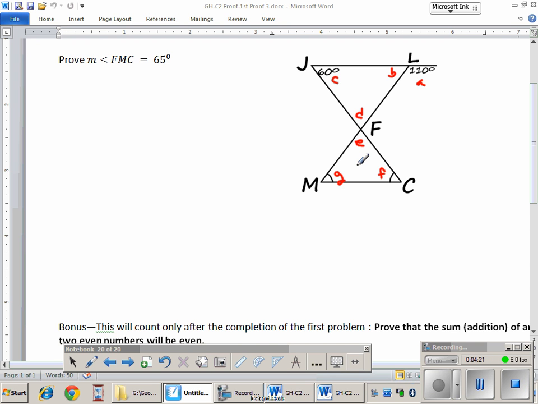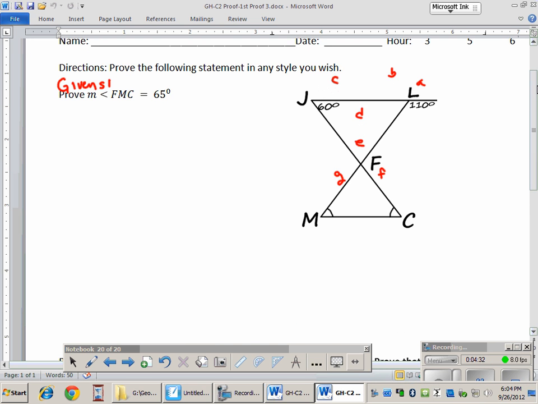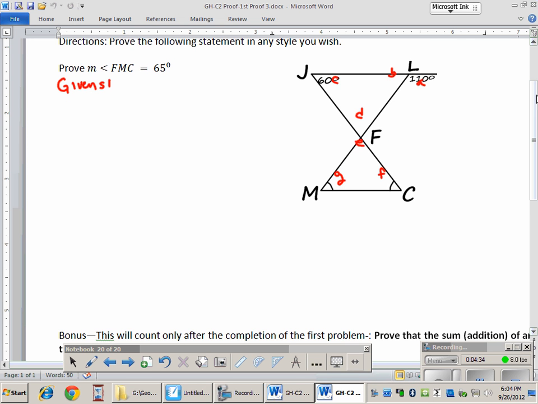The first thing you're probably going to have to try to establish is our givens. So that's what I'm going to write first. Our givens, not actually a lot, but at least a few things in our diagram we need to determine. The first thing has to be this angle right here, which I have renamed C. The measurement of angle C is 60 degrees.